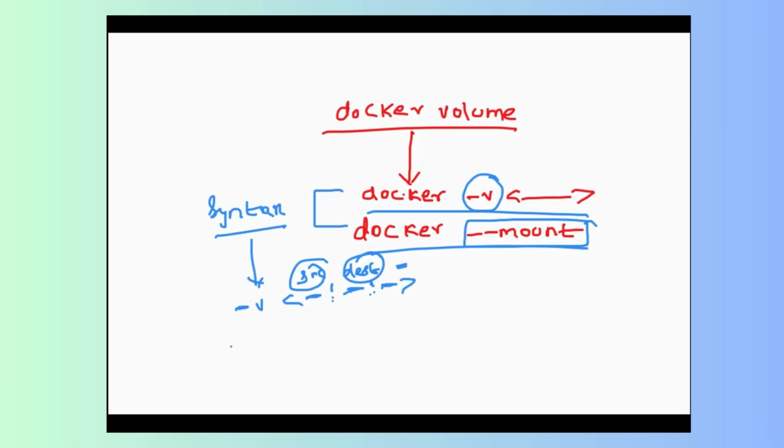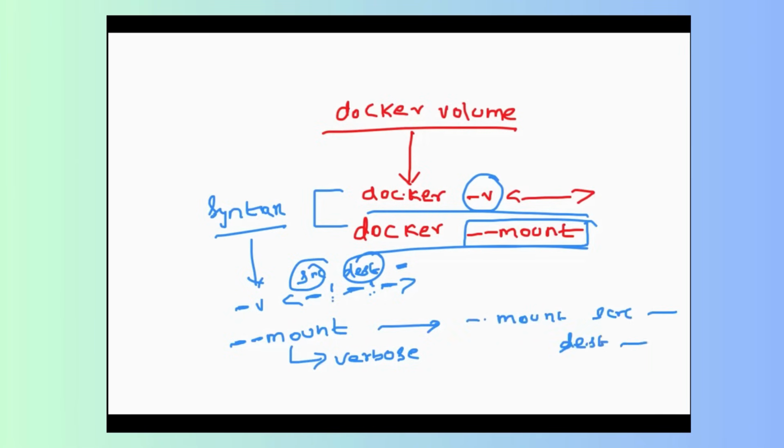Whereas if you are using --mount, then this is a more verbose option. What do I mean by verbose? In this case you elaborate the details. When you are using --mount, you say, okay, this is my source, this is my destination on the container, and this is my permissions. So you basically allow users to understand what you are running.